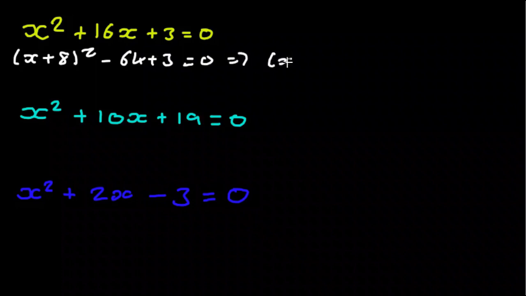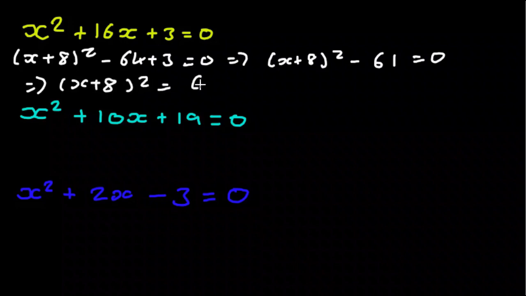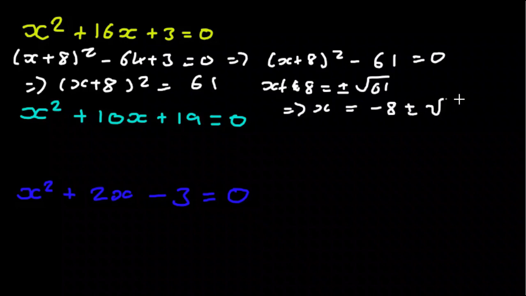Well, this implies x plus 8 squared minus 61 is equal to 0, and that implies x plus 8 squared is equal to 61. So x plus 8 is equal to plus or minus the square root of 61, which implies x is equal to minus 8 plus or minus the square root of 61. Nice one. And we're going to go through the same technique for the next two.